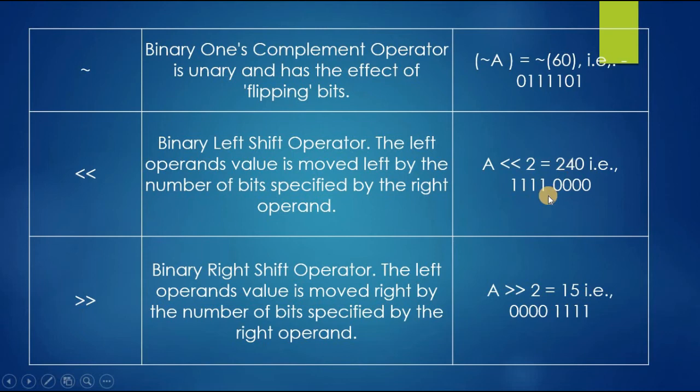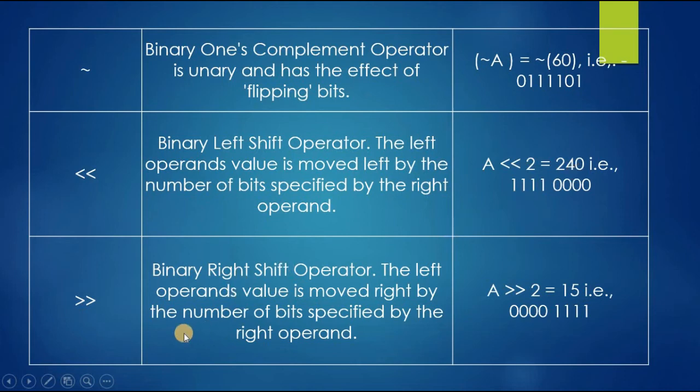By the rule of the left shift operator, the value is moved left by the number of bits specified by the right operand. In the right operand we specified the number 2, so it will move 2 times. First we take A as 60. 60 plus 60 is 120, then 120 plus 120 is 240.